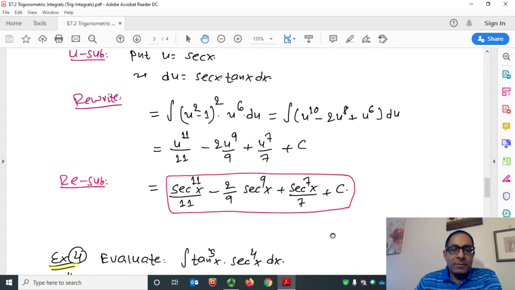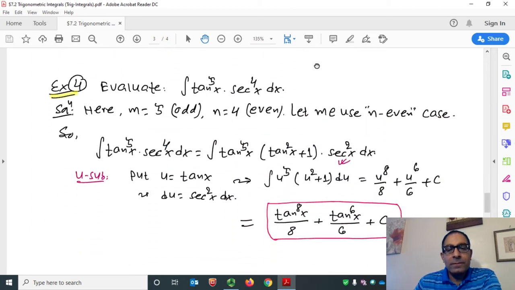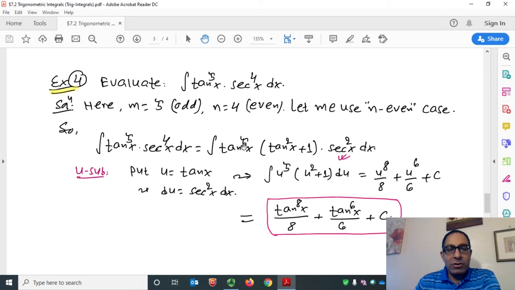Now let's move on. Example 4. Evaluate the integral of tan to the power 5 x times secant to the power 4 x dx. Here m is 5, odd, and n is 4, even. So let me use the even case.